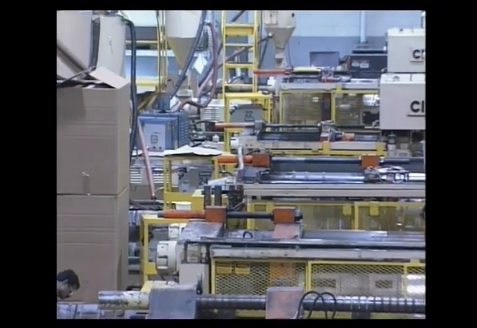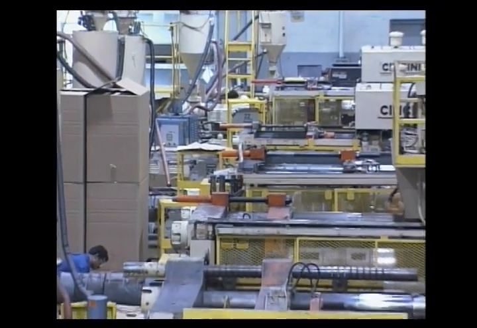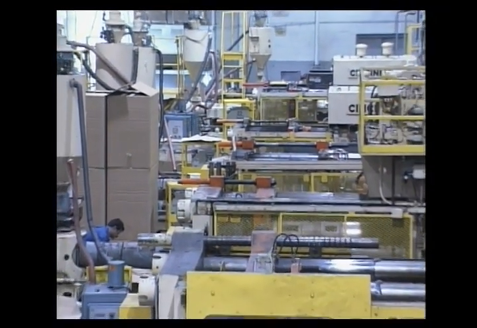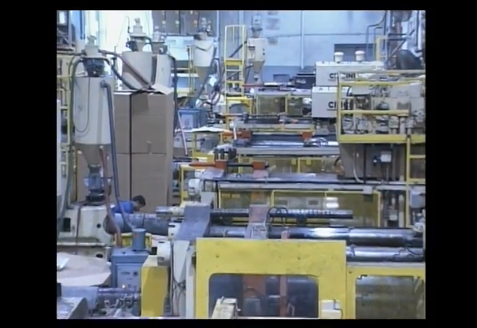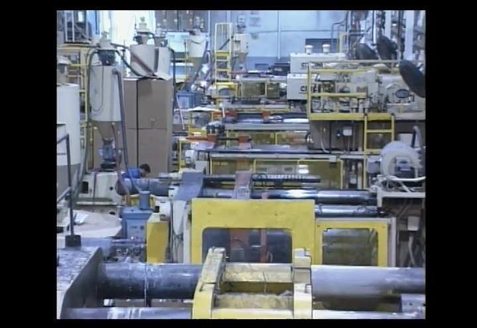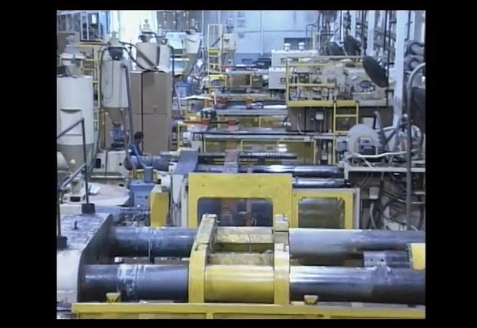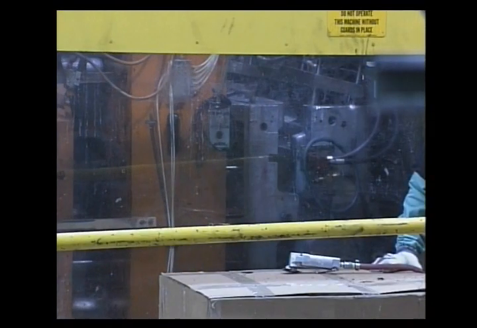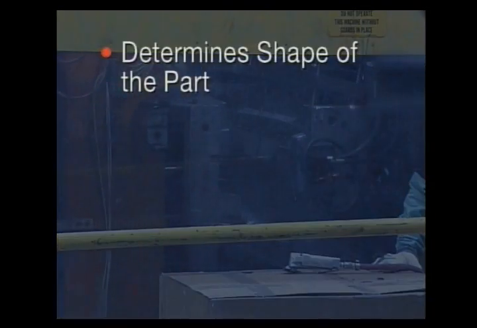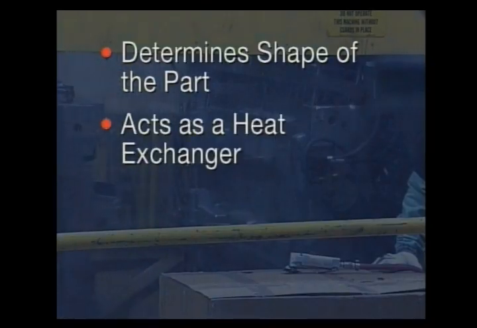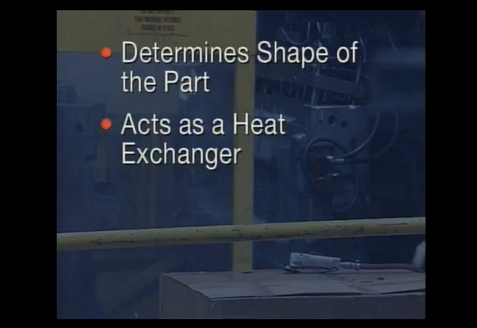Injection molding machines are designated by their clamp tonnage, which is the amount of sealing force a machine can produce against the high pressures generated during the injection process. The injection mold both determines the shape of the desired part or parts and acts as a heat exchanger to draw heat away from these parts.